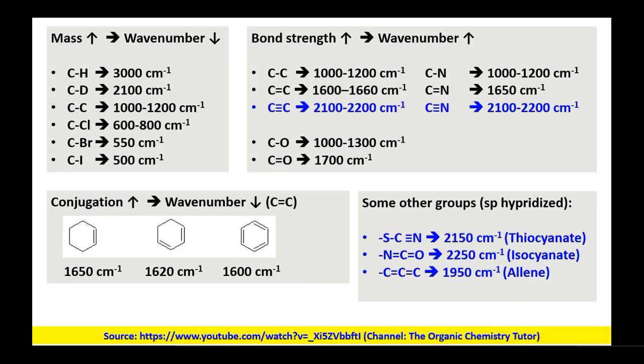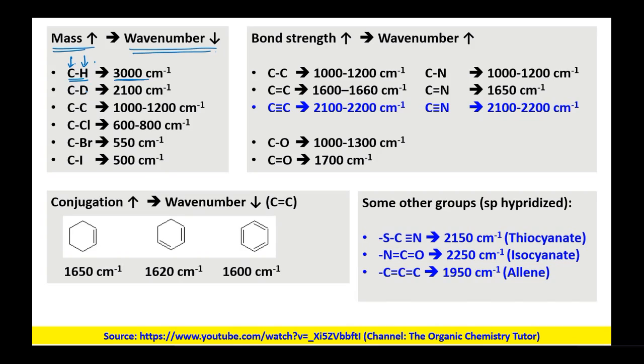Now in general, when you increase the mass of a functional group, the wave number decreases. In this case, we have kept carbon the same. However, we have varied the second atom such that the mass increases as we go down. The CH stretching comes out to be at 3000.